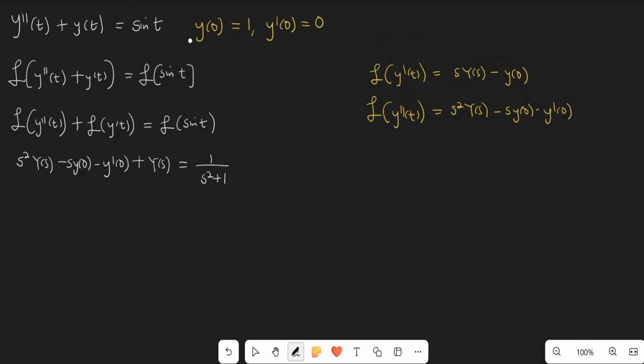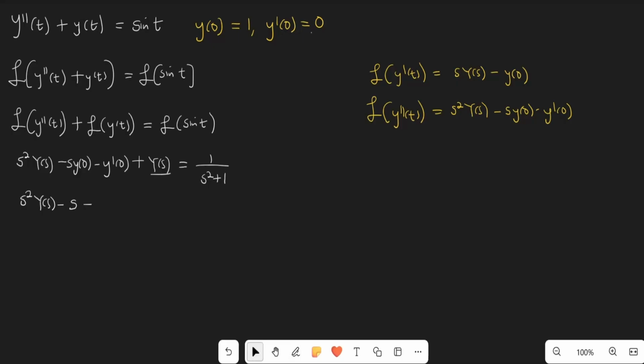Now let's replace our initial conditions in the equation on the left hand side. We have s squared times capital Y of s minus s times y of 0, which is 1, so that is s times 1, which is s, minus y prime of 0, which is 0, so I'm not going to write that.